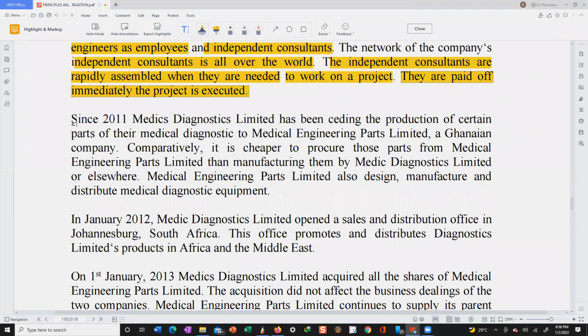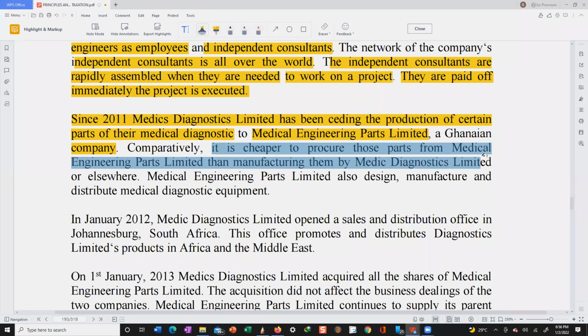Okay. Now, since 2011, Medic Diagnostic Limited has been ceding the production of certain parts of their medical diagnostic equipment to Medical Engineering Parts Limited, a Ghanaian company. Okay. Now, comparatively, it is cheaper to produce those parts from Medical Engineering Parts than manufacturing them by Medic Diagnostic Limited.